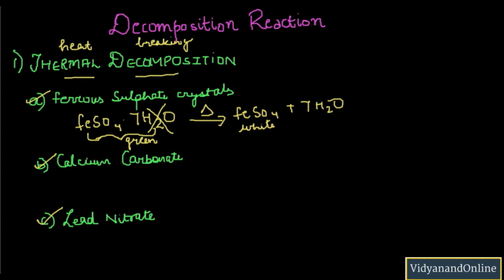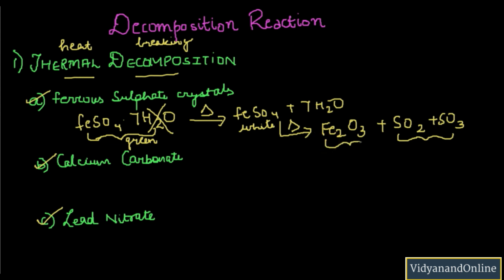On further heating, it will break down into ferric oxide, which is Fe2O3, plus sulfur dioxide and sulfur trioxide. So actually you will have a smell of burning sulfur during this reaction. Now this ferric oxide is basically brown in color. So you can also use this reaction for the change in color.